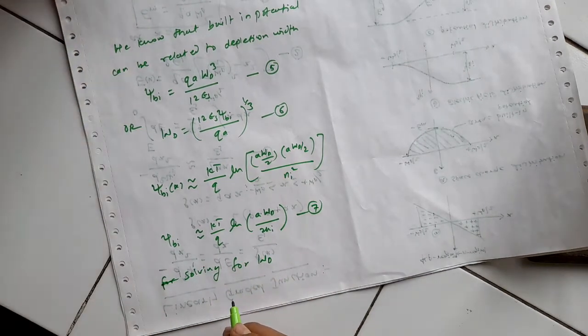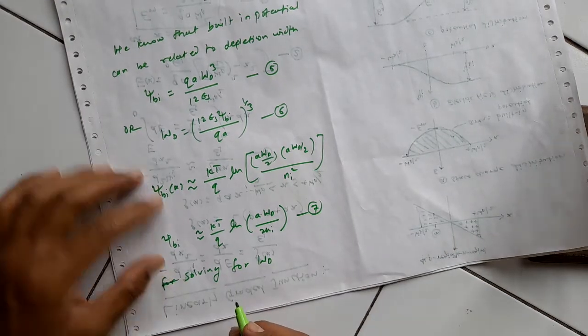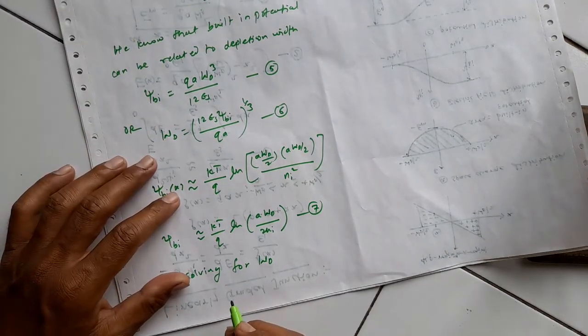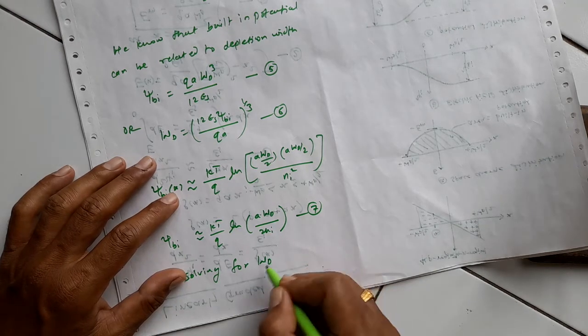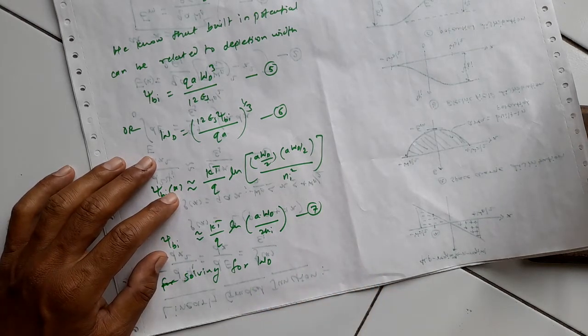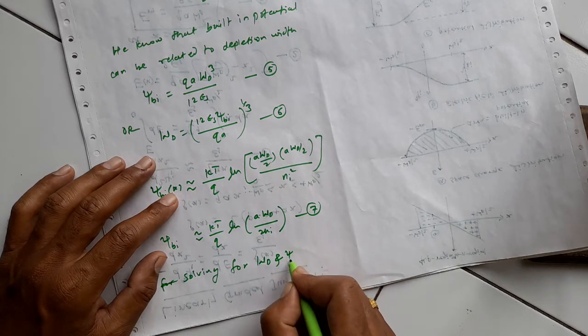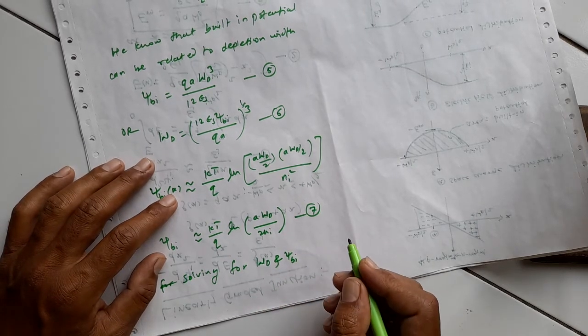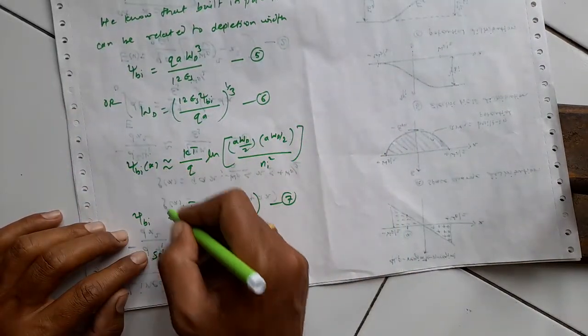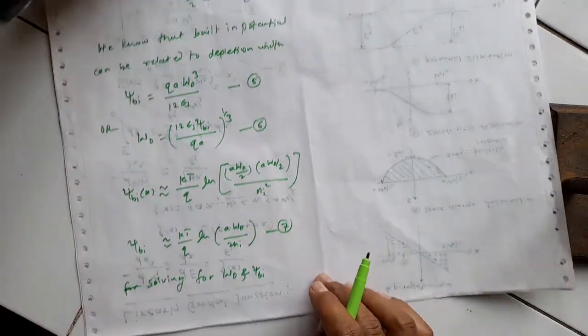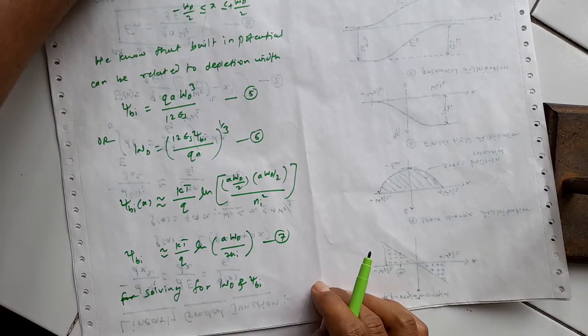So solving for W d and psi b I, what do we get? We can substitute this value and try to find the value of W d.